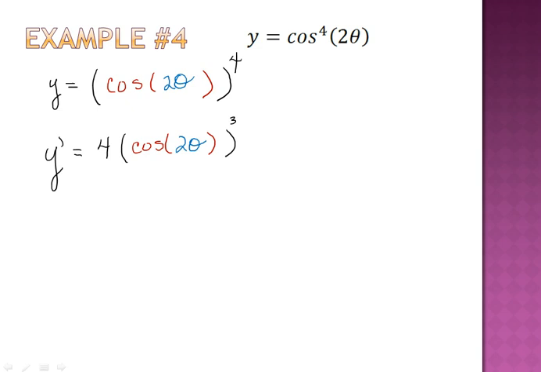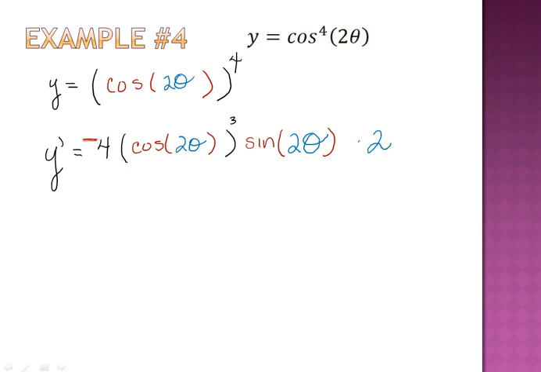So black layer done, ready for the red layer. Cosine derives to negative sine. So the first thing I take care of is my negative by putting it out front where it will not get lost or be mistaken as a subtraction. And then I say, here's my sine function. Don't touch the angle. Keeping my angle pure, and then multiplying by its derivative.